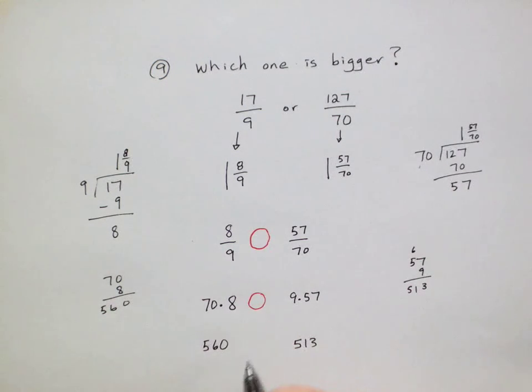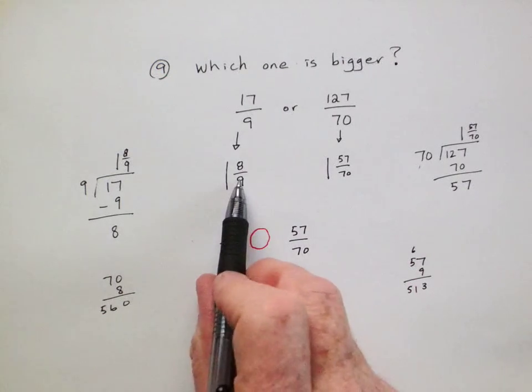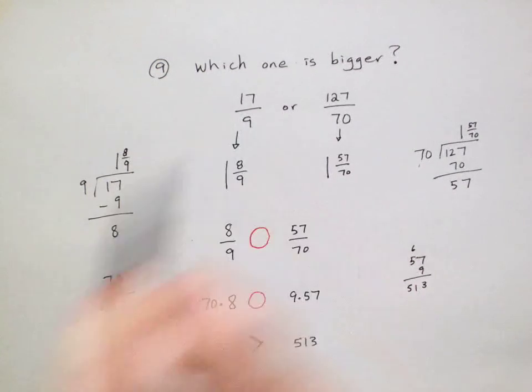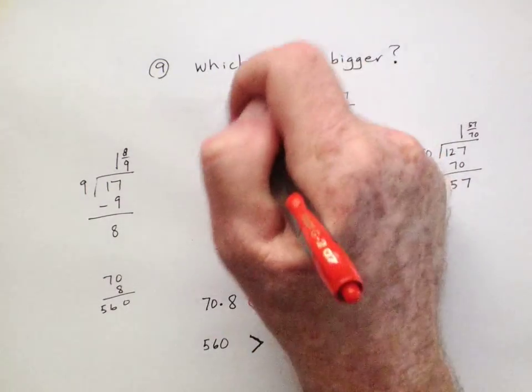So what goes in this open circle right here is that 560 is bigger. That means this is bigger. Woo, that was challenging.